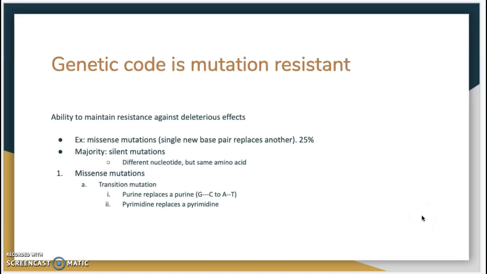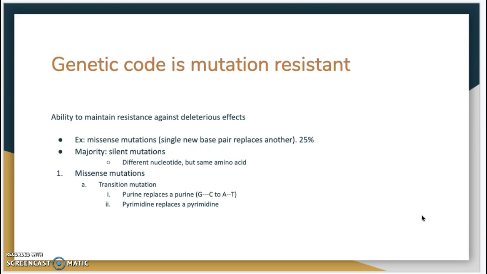Previously, I talked about how there can be mutations in the sequences, and there are certain mutations such as missense mutations, as I talked about before, which are point mutations. These can be additions, insertions, deletions. However, there are also silent mutations, and these play a big role.